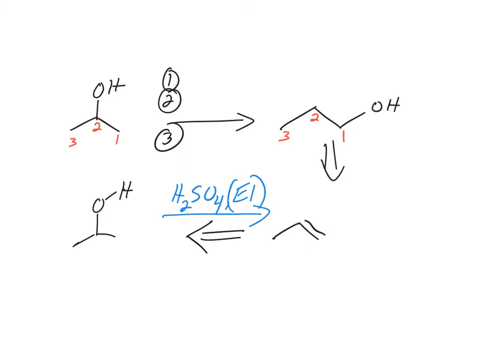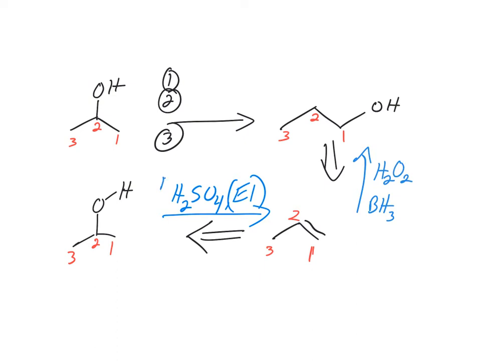So if we number our carbons, 3, 2, 1, 3, 2, 1. And way back deep into our thinking, we've got to remember, what is the way to add an OH in the anti-Markovnikov position, the less substituted carbon? And that takes 2 sets of reagents. The first, you need to use BH3, and then you need to use H2O2.